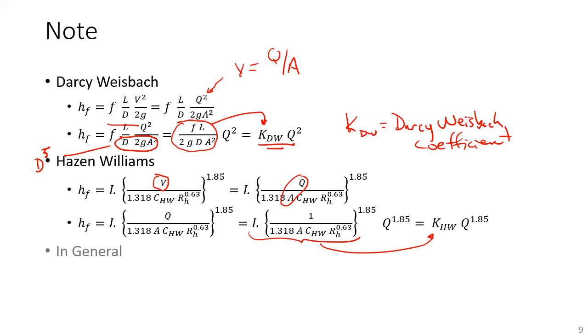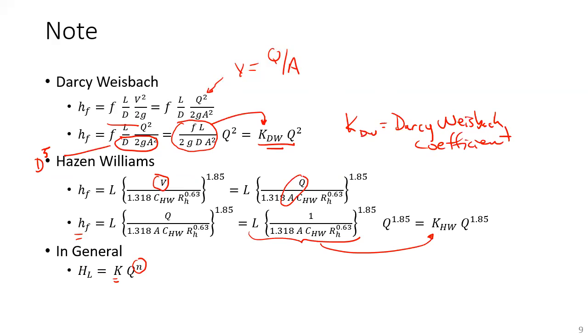The interesting side note is, way back when, in the very first lab of this course, it was a lab that everybody did by themselves on logarithmic plotting, fitting a power function to data. And then in subsequent labs, hopefully you were using that. But in this case, what you see in general, not just friction losses, but when we're studying pressure distribution systems, we say that the energy losses, h_L, and again, this could be friction, and it could also include the minor losses that we're going to talk about today, are proportional or equal to some factor times the discharge to some power.